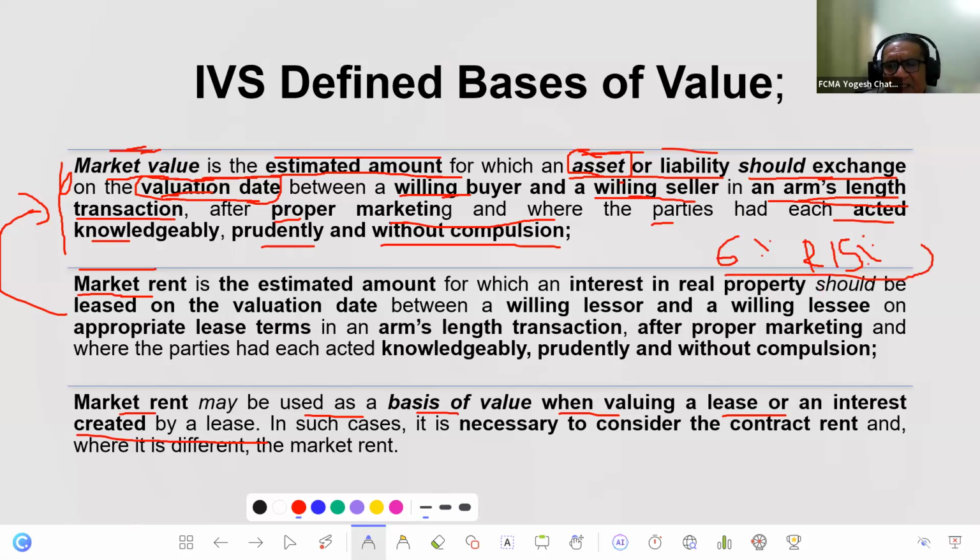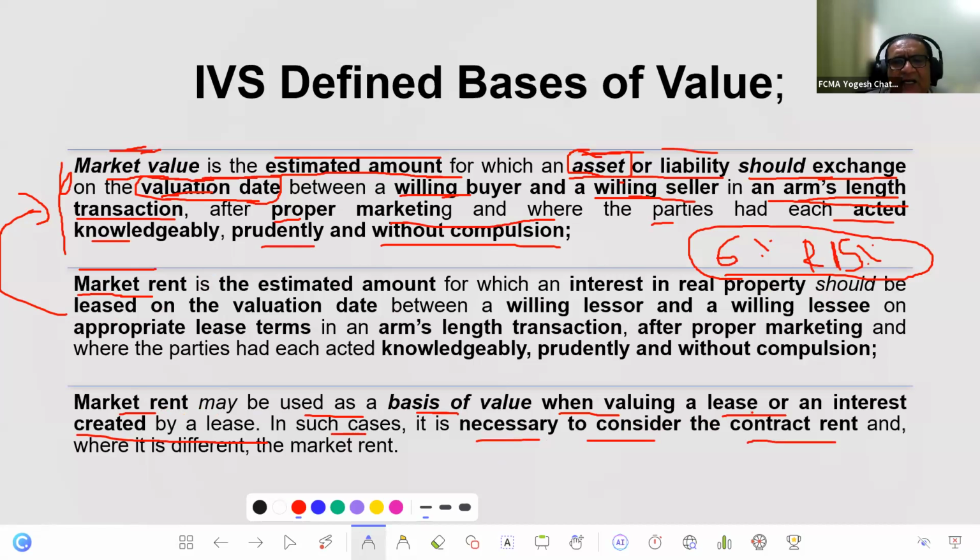But normally the range is between 6% and 15%. So the annual lease rental is between 6% and 15% of the market value of the property. Very important: market rent may be used as a basis of value when valuing a lease or interest created by a lease, and in such cases it is necessary to consider the contract rent.